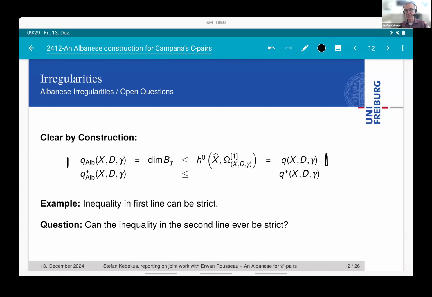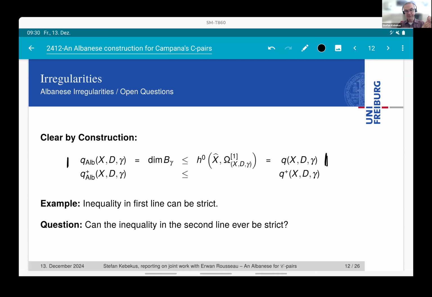Same then with the augmented inequalities. We have examples coming out of Prym varieties where the inequality in the first line can indeed be strict, already for curves. So you can find curves, no boundary. You find a cover of the curve where you have adapted differentials, but not a single one of the adapted differentials comes from a torus quotient.